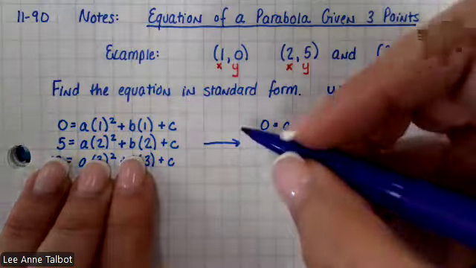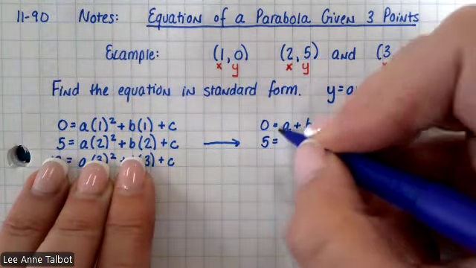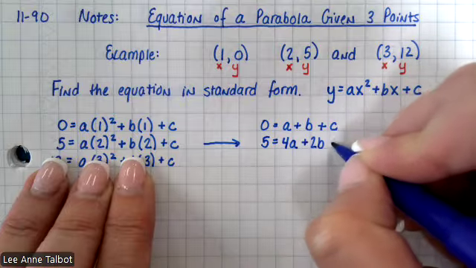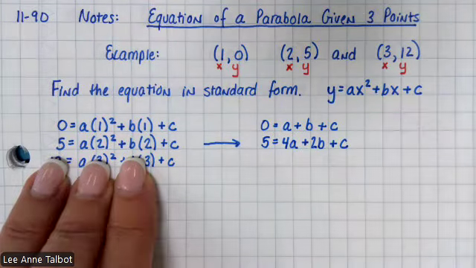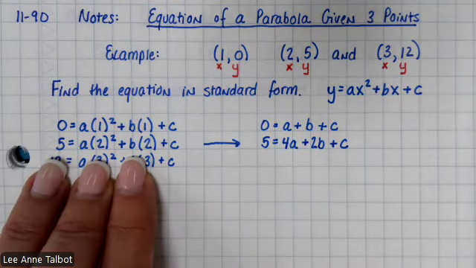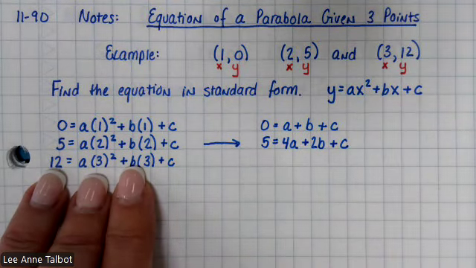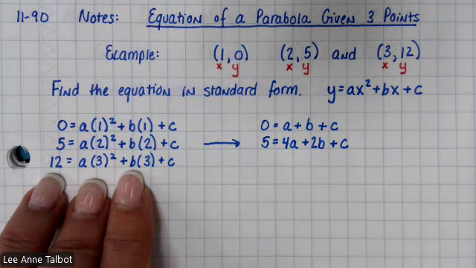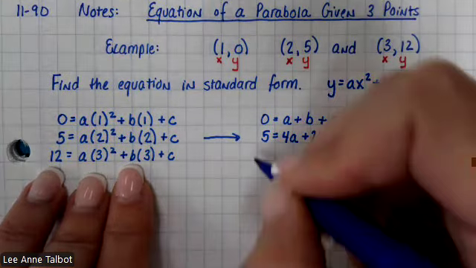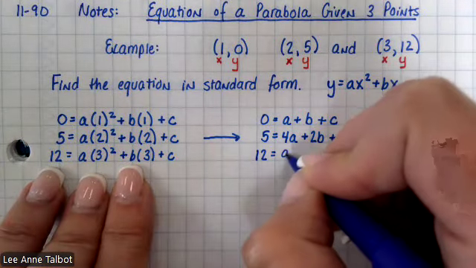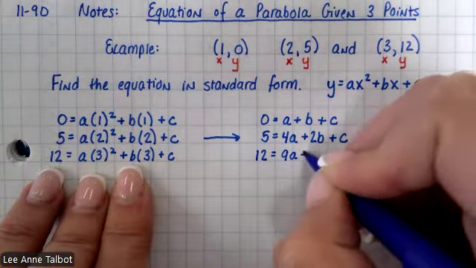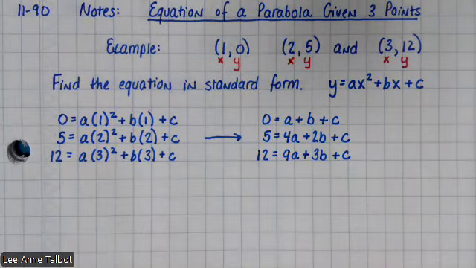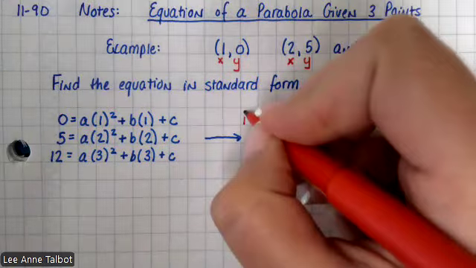Okay, now I'm going to do this one. 5 equals 4a plus 2b plus c. Do you see where I got the 4a, 2b, and c? Okay, what's the third one going to be then? 12 equals 9a plus 3b plus c.